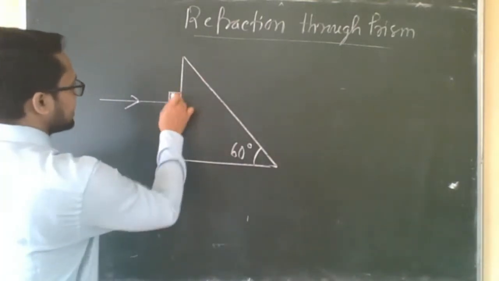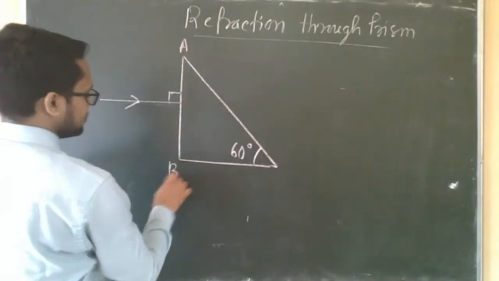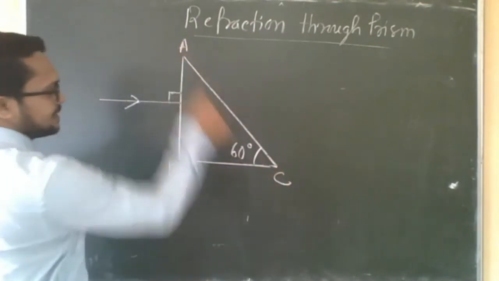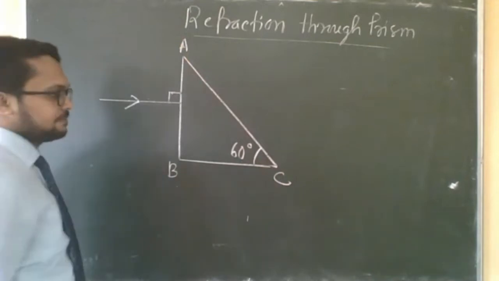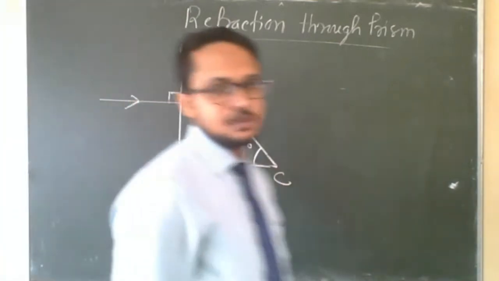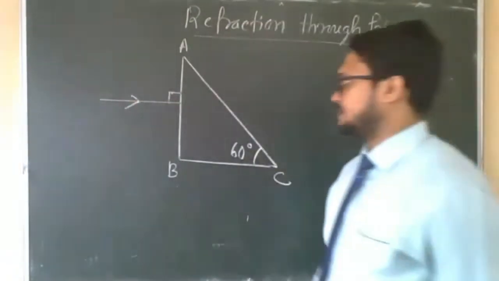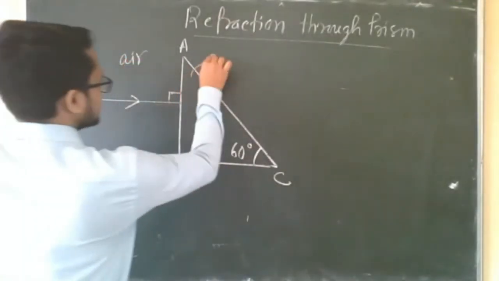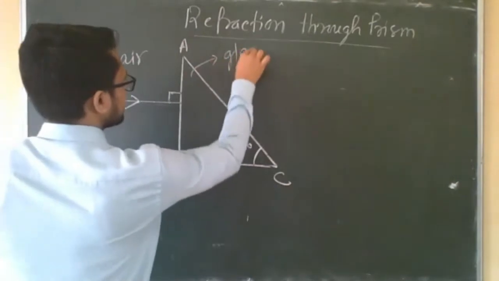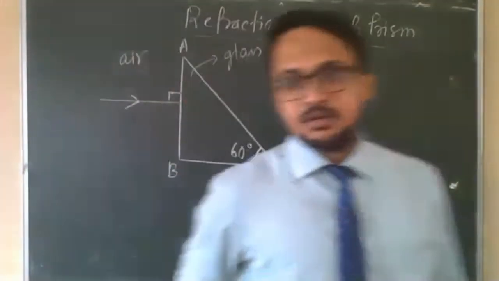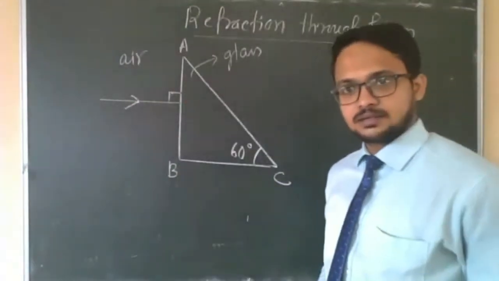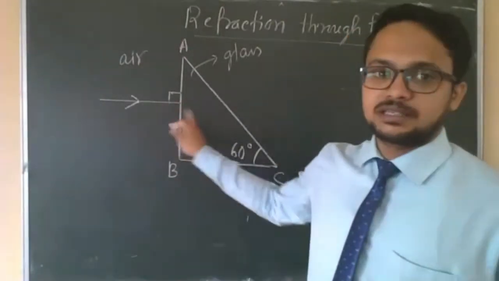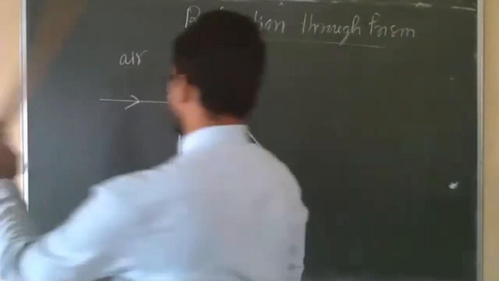What will happen here? A, B, C. These are the two refracting surfaces, AB and AC. BC is the base of the prism. Now it is entering from air to glass. Will it bend towards the normal?